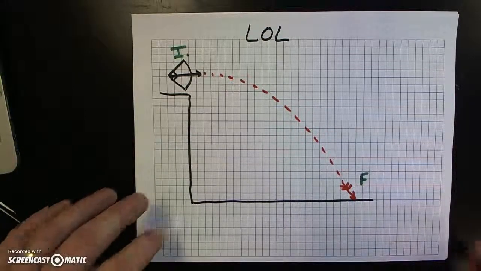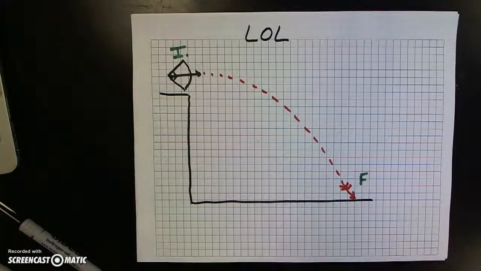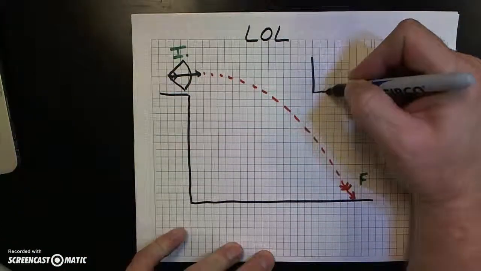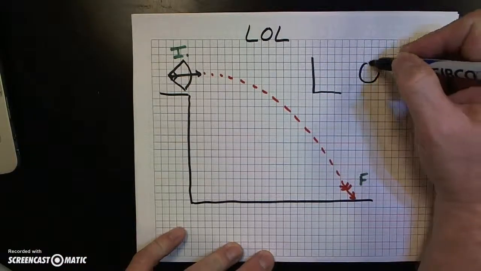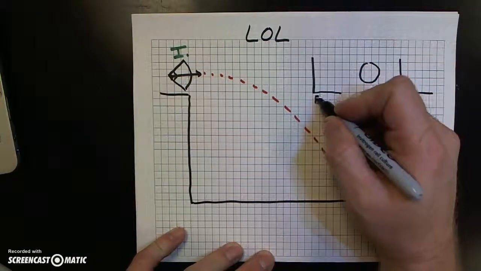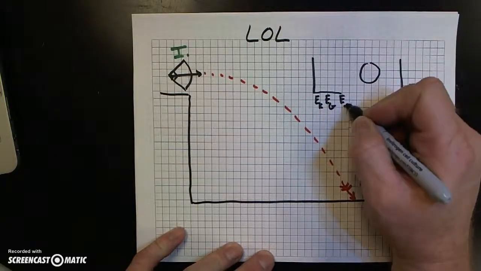And again, from last time, we had issues with the system and what should be in our system. So if I were to draw LOL here, on this side, we're going to have energy kinetic, energy gravitational, energy elastic.